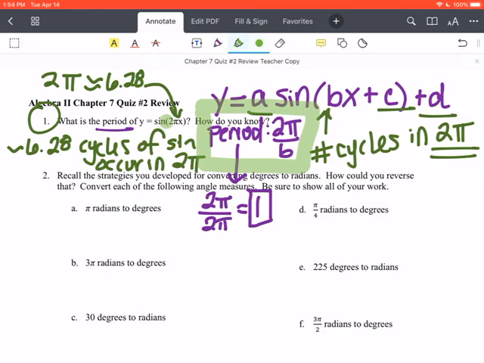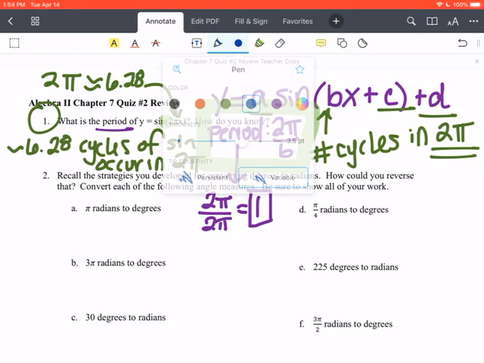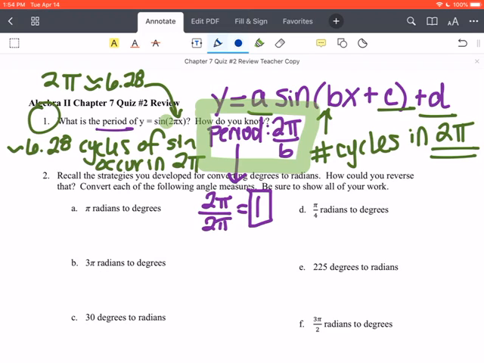All right, moving on. Okay, now we are going to talk about converting radians to degrees and degrees to radians. Okay, now when we see that we are converting radians to degrees, A, B, and D, we are going to take the value, in this case it's pi, and we're going to multiply it by the unit conversion, which there's 180 degrees in pi.